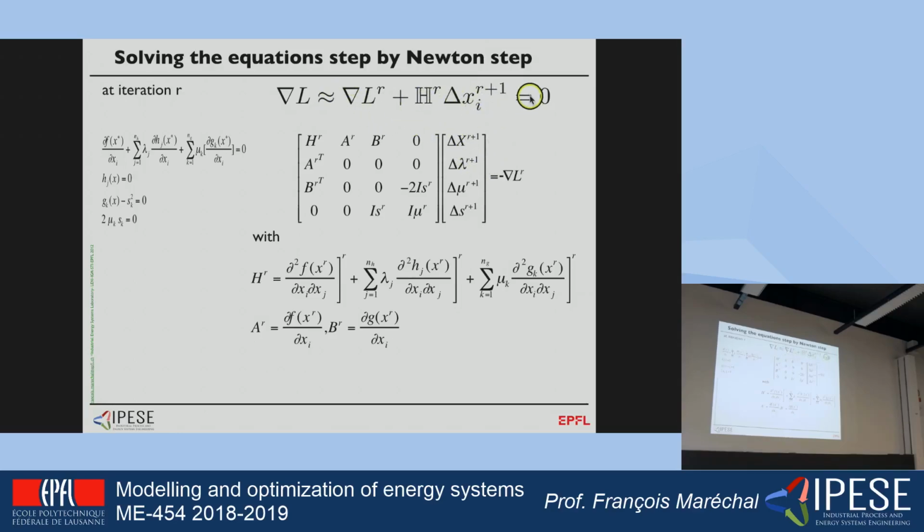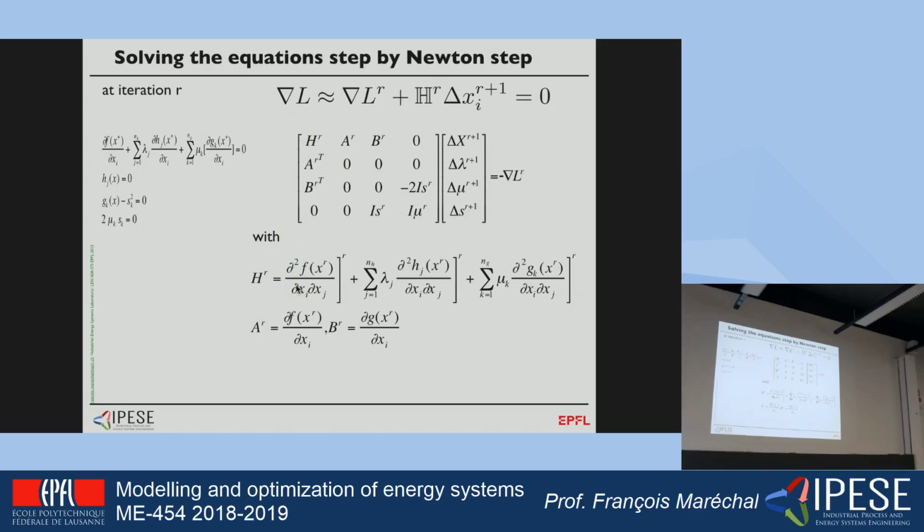Meaning that the square terms here will be eliminated, which means that if I want to be able to solve this, to calculate this matrix here, which is the linearization of the nonlinear problem, there will be a very difficult part, which is related to the calculation of the second derivative.